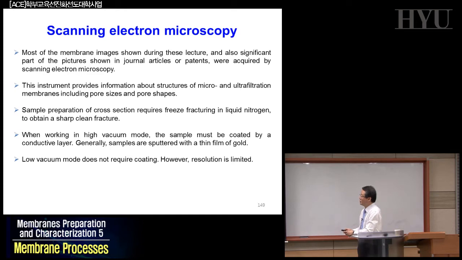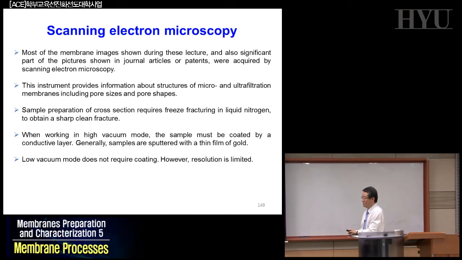Okay? Usually they use a high vacuum mode, but these days we have the SEM with a very low vacuum, or even atmospheric pressure SEM as well. That's what we call the environmental SEM.